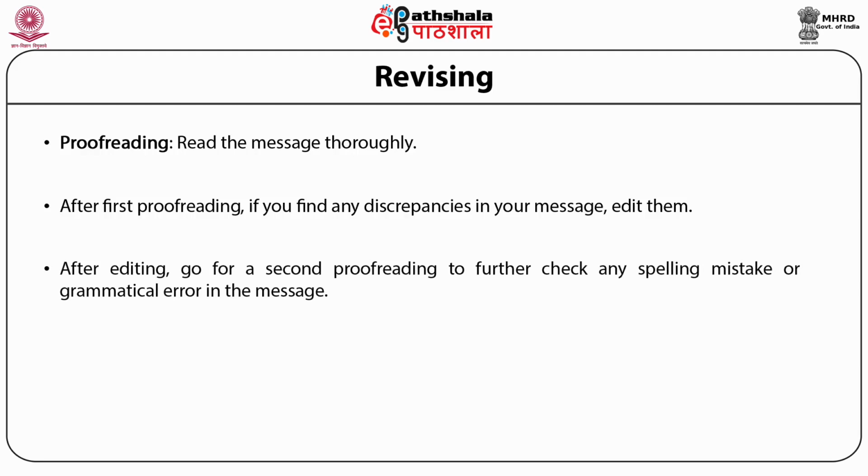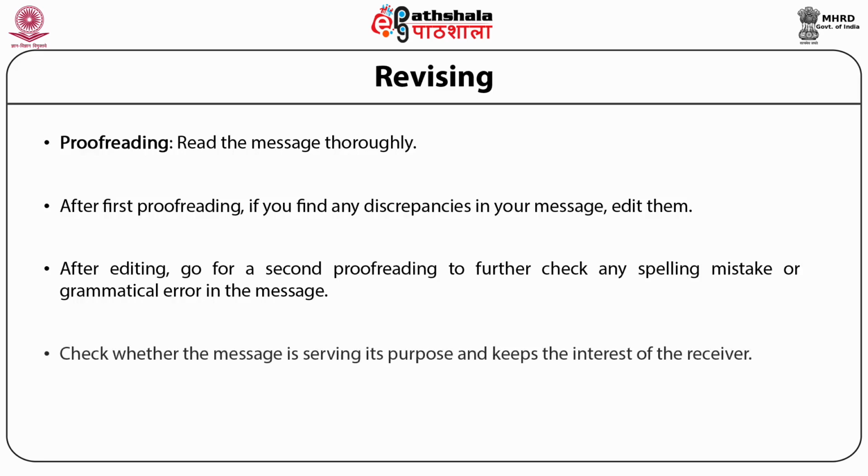After editing, again it is time for a second proofreading to further check any spelling mistake or grammatical error in the message. After all these steps, finally, you have to check whether the message is serving its purpose and keeps the interest of the receiver. Then your message is ready.